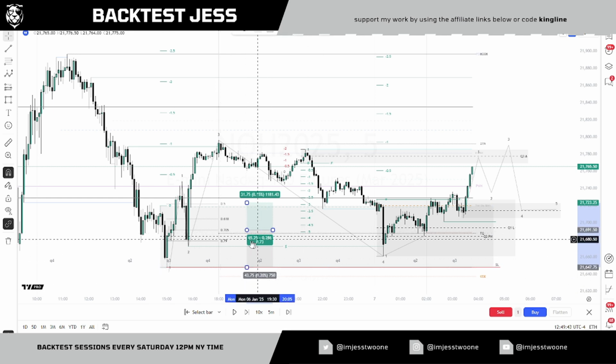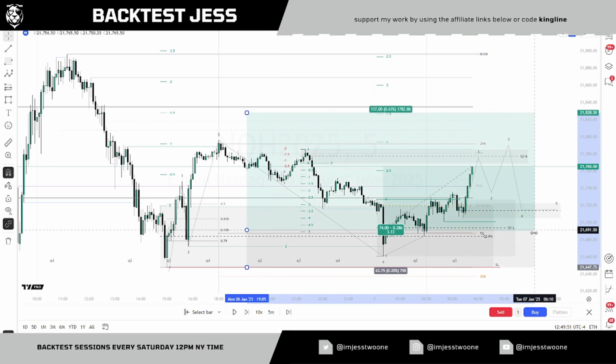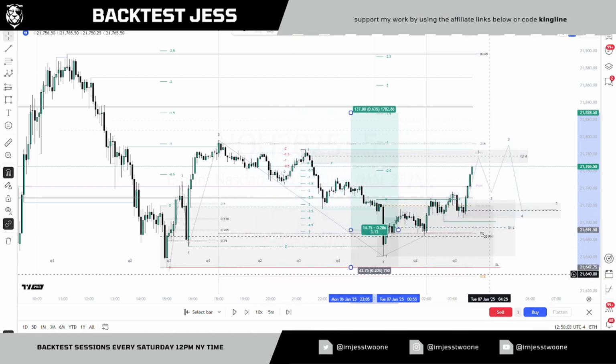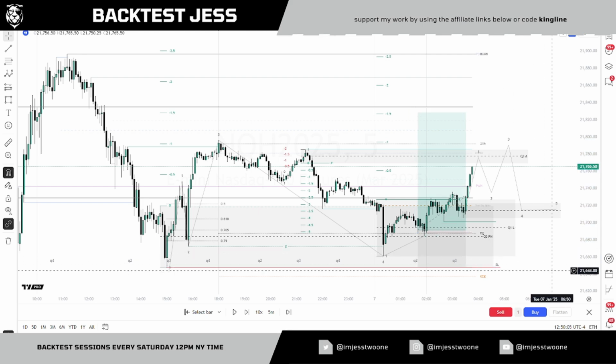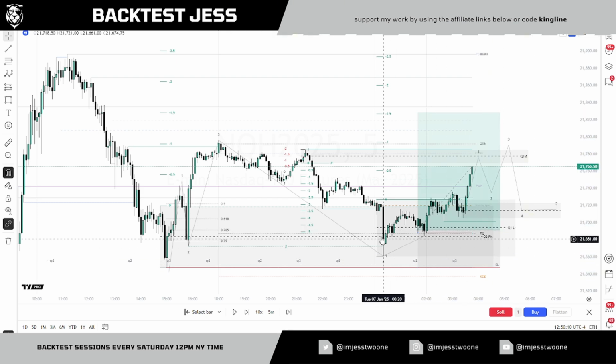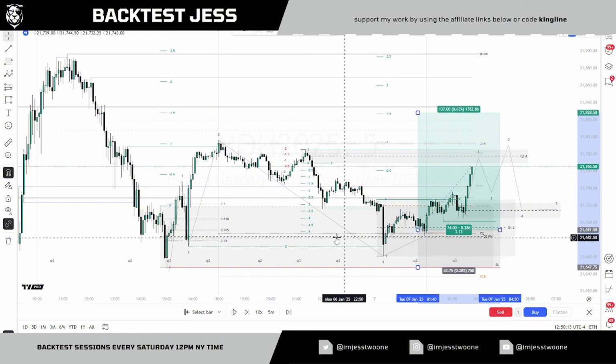The only trade here that we can take is 0.705 up to 1.5, because this is the first time we have the sweep, so we can only take entry 5. And so then from here, 0.79, okay. Sorry, 0.70.